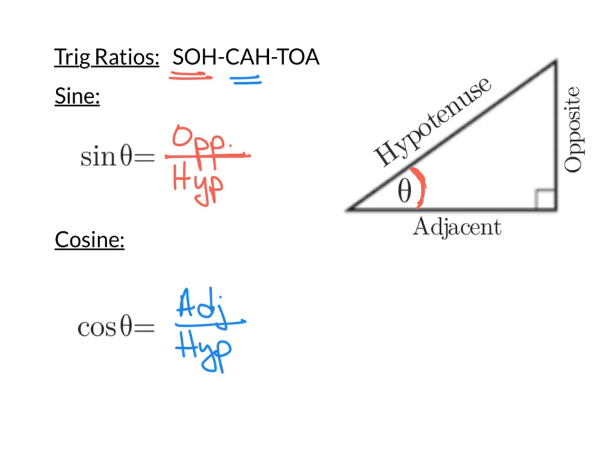Then the third trig ratio is the tangent, abbreviated tan, T-A-N. This is read tangent of theta, and if you're following the pattern for SOHCAHTOA, tangent is going to be the ratio of the length of the opposite side to the length of the adjacent side. So remembering SOHCAHTOA is going to be something that helps keep everything straight for us.